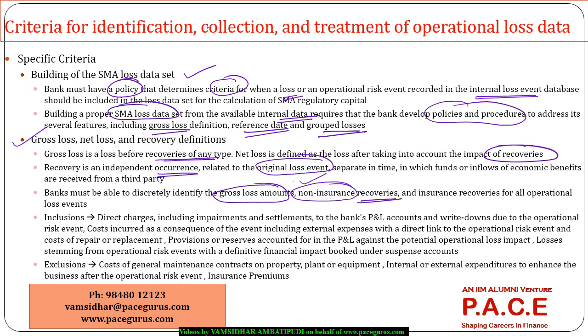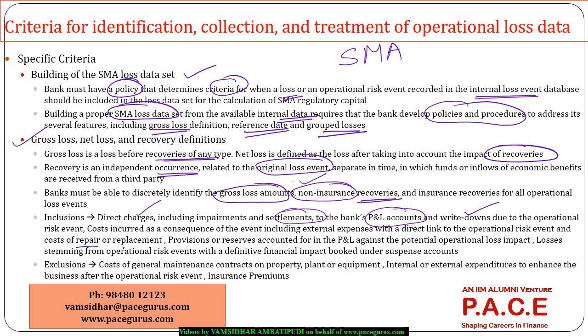So for the overall inclusion as a part of the SMA capital, the direct charges which are impacting and impairing the settlements. So whichever are impacting the P&L statements of the banks, the direct write-downs that are happening on the P&L because of the operational risk events, the costs that are incurred as a consequence of an event, right?